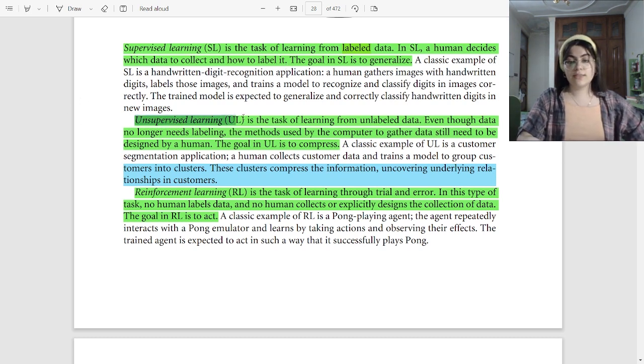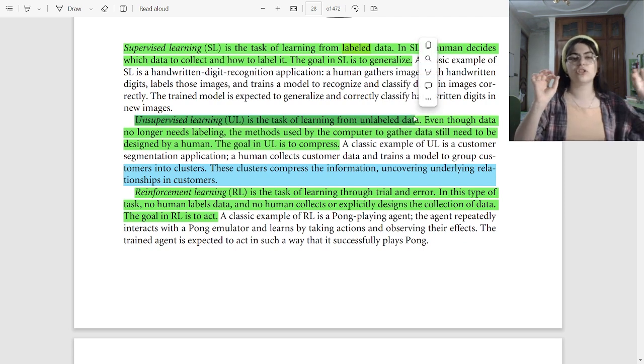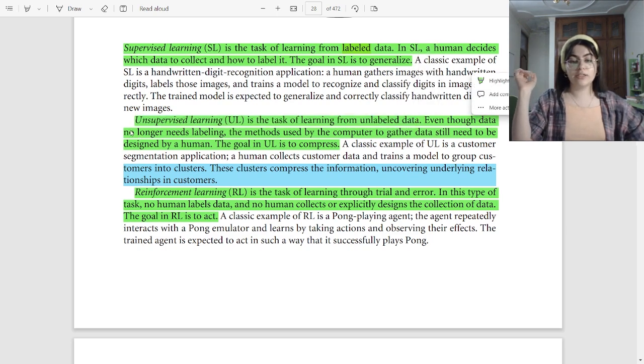And unsupervised learning, or UL in this book, is the task of learning from unlabeled data. We have a bunch of data that is actually unlabeled. Even though data no longer needs labeling, the methods used by the computer to gather data still need to be designed by a human.